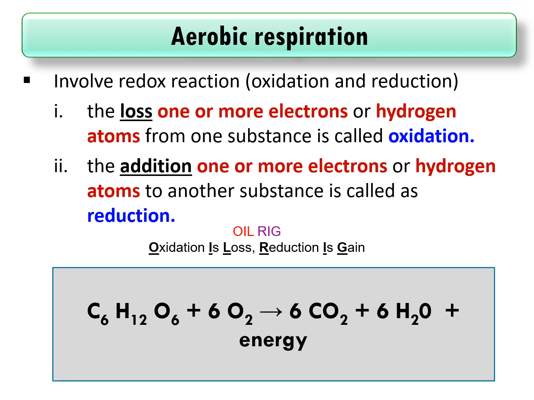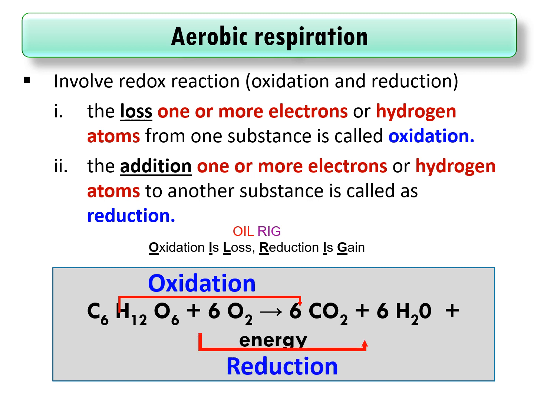From the equation, you can see 1 molecule of glucose is oxidized into 6 molecules of carbon dioxide, whereas 6 molecules of oxygen are reduced into 6 molecules of water.